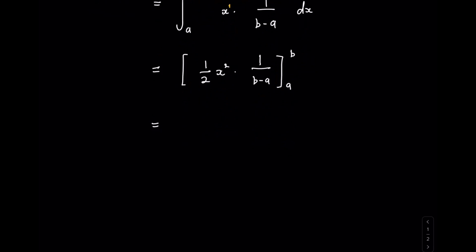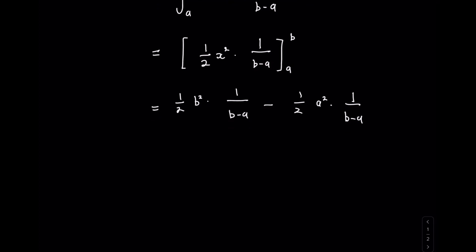Doing a bit of substitution here, what that ends up being is a half b squared multiplied by 1 on b minus a, minus a half a squared multiplied by 1 on b minus a. Now I'm going to express this a little bit more nicely. We've got 1 over b minus a as a common factor.